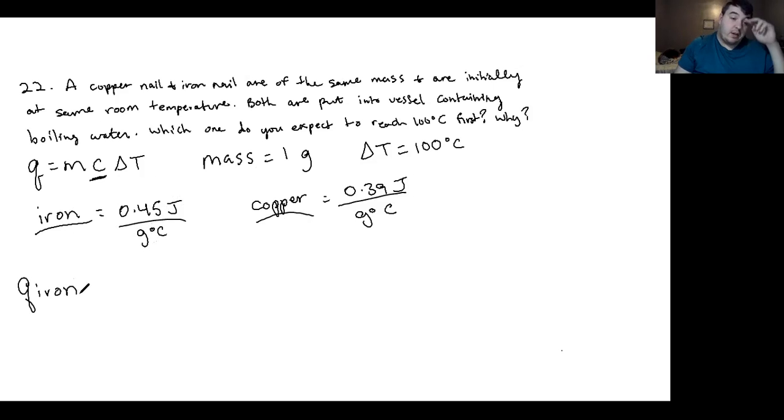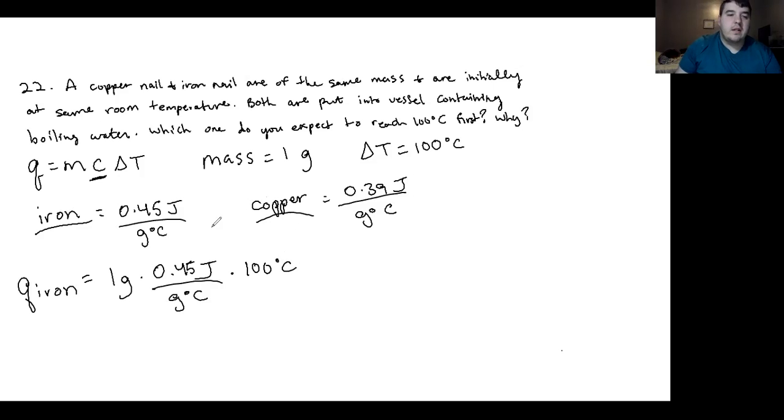So the heat for iron, the energy required to heat up an iron nail: the mass is 1 gram multiplied by its specific heat, 0.45 joules per gram degree Celsius, times the 100 degree Celsius change in temperature, as we assume we're going from, let's say, 0 up to 100 degrees.